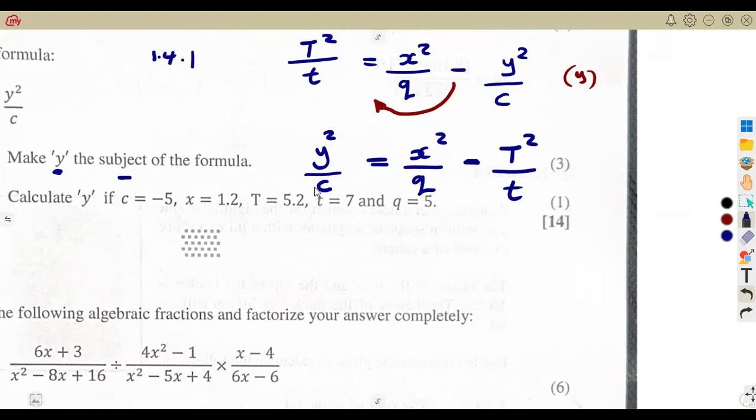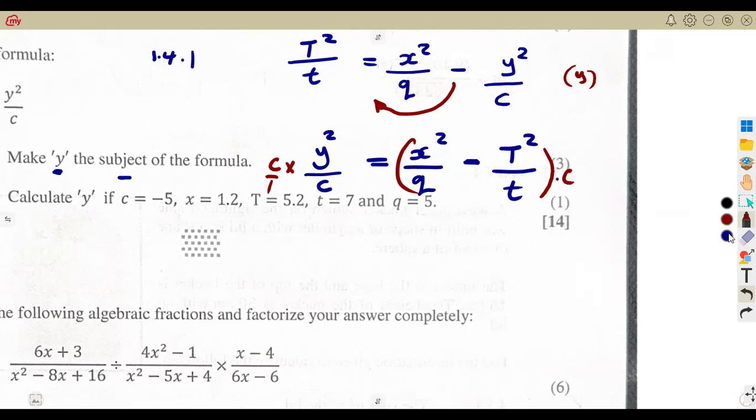The y that we have is in the numerator, and it's easier to make the subject because we can simply remove the c in the denominator by multiplying by that c, just like c over 1. So on this side, you multiply everything by c.